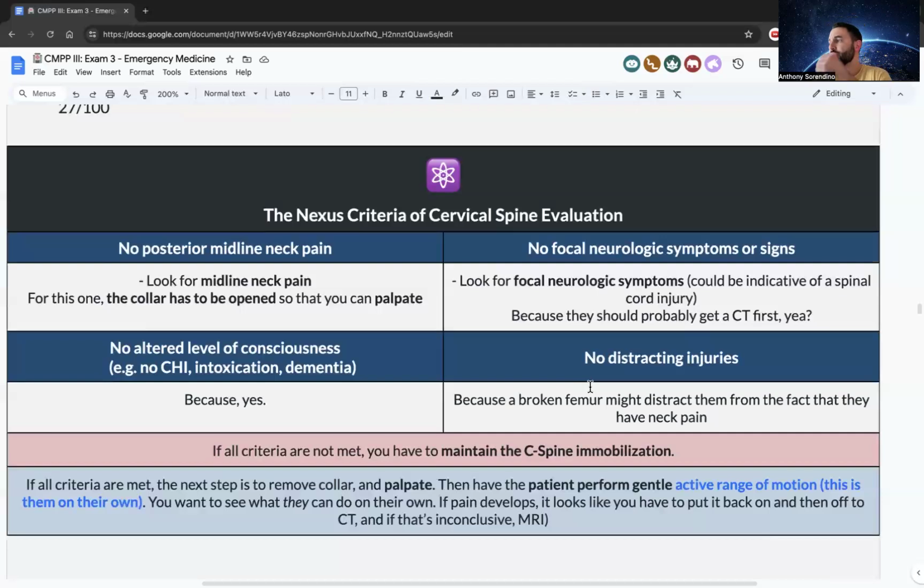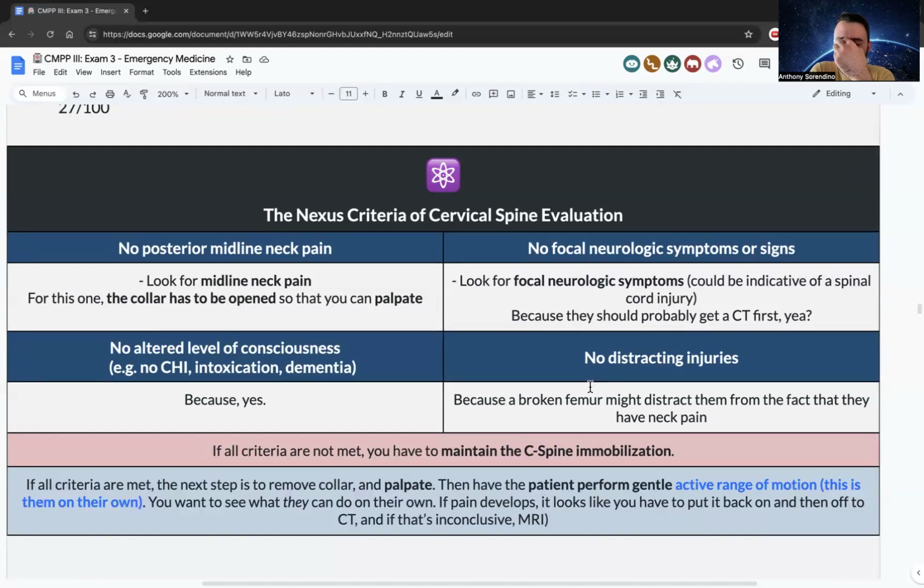So we have the NEXUS criteria. Let's see if I can remember this. So this is posterior midline neck pain, focal neurologic deficits. They're like drunk or potentially having a stroke or something, some type of altered mental status, or they're under the influence.